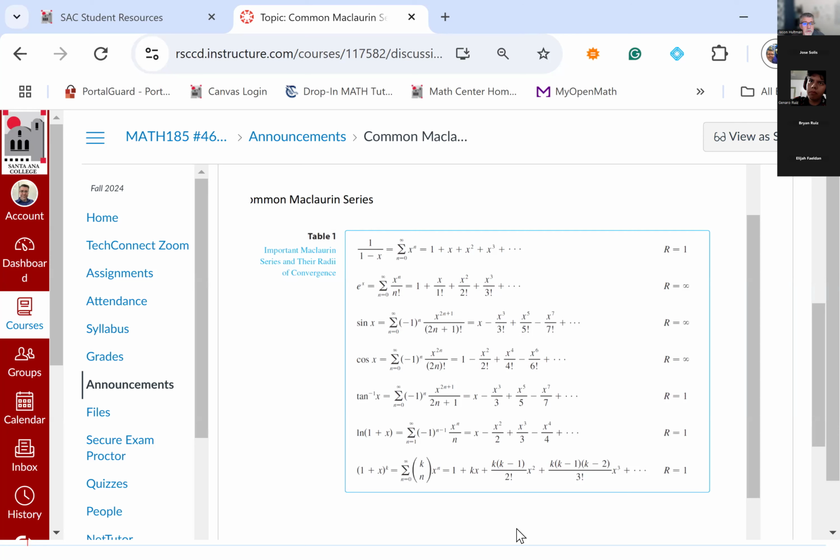However, you could use this process of integrating or just successive derivatives to get these power series as well, just letting them be evaluated at 0.